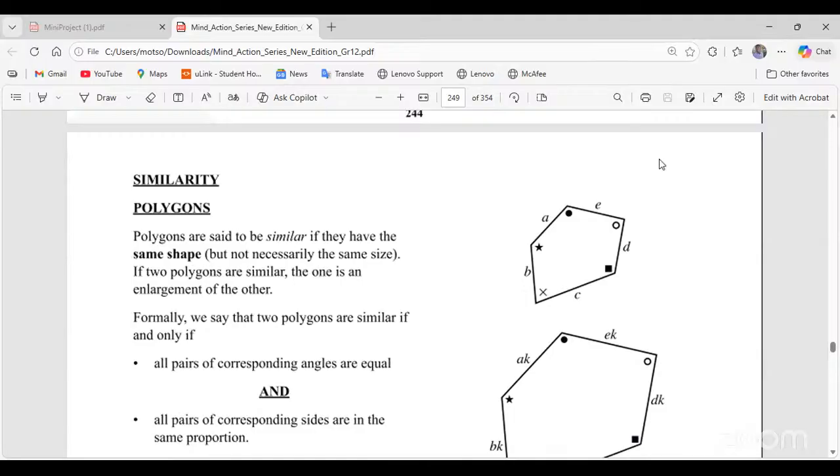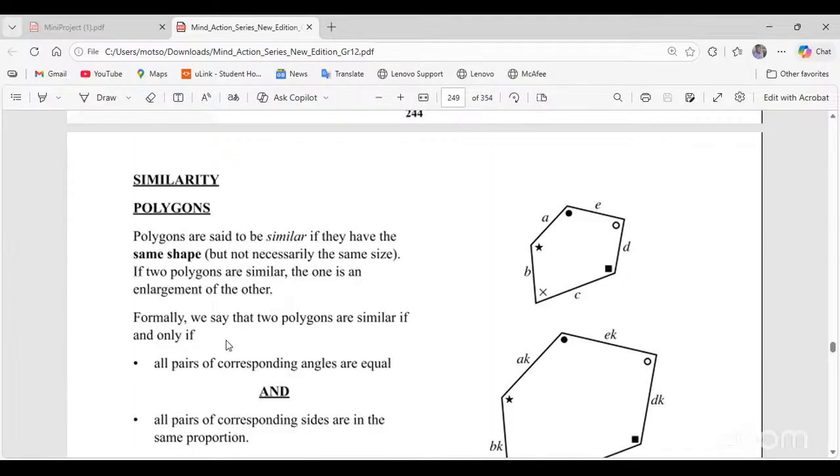That is congruency. Now we are talking about similarity. They are not necessarily the same, but they are similar. If two polygons are similar, the one is an enlargement of the other. Like I said, the other one can be 2 times the other one, or 3 times the other one, or half the other one.